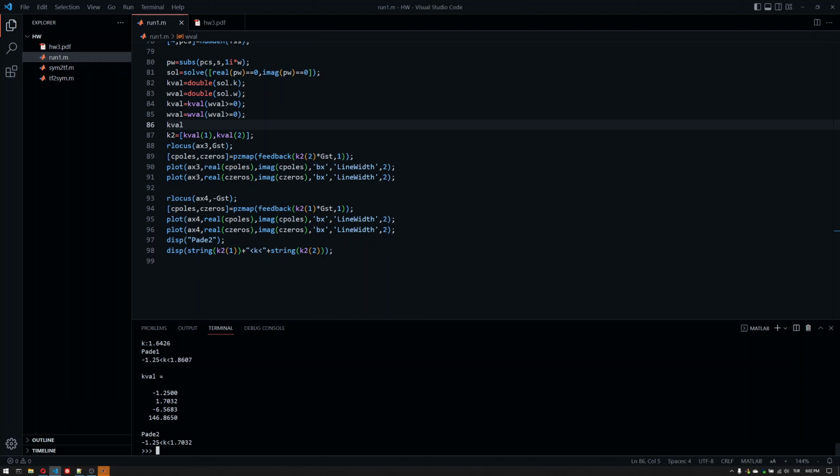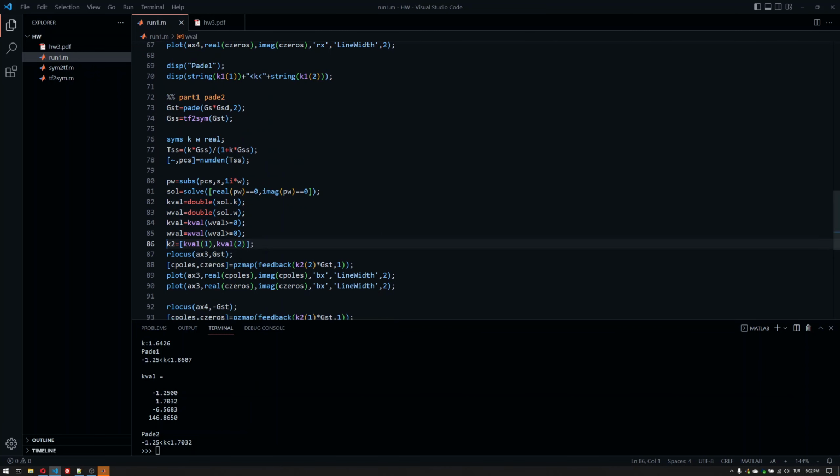It seems like this one and this one still work because the other ones are out of the bound. So for Padé 2, it seems like we're still good to go here.